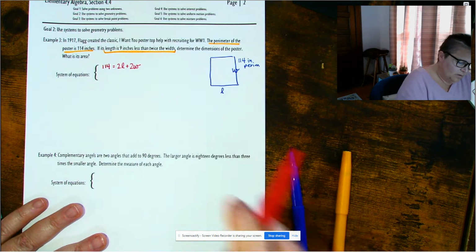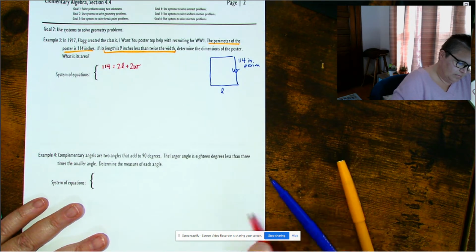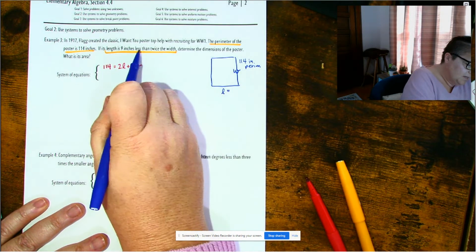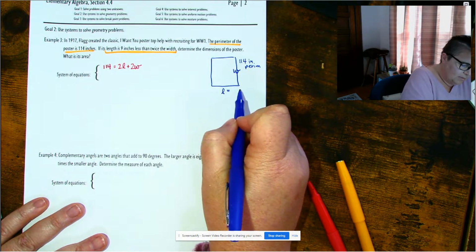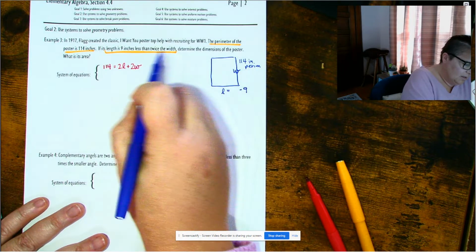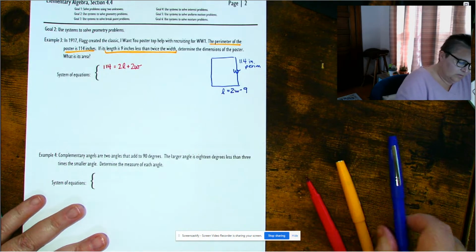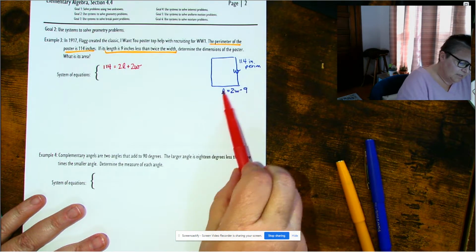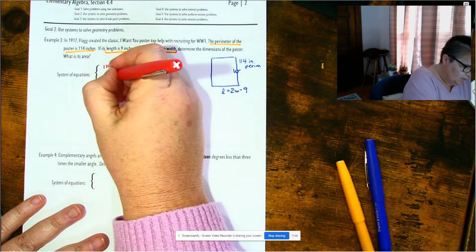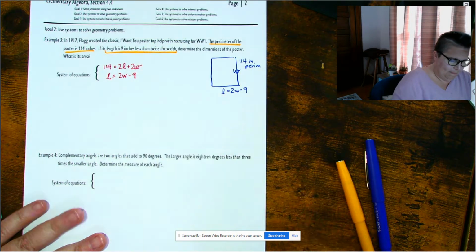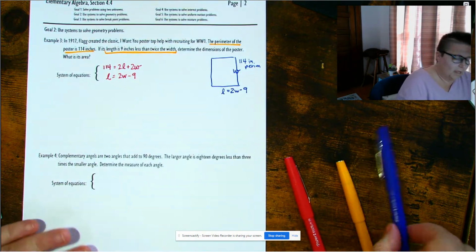So I also know that this length is the same as 9 inches less, so that's a minus 9, than twice the width, 2 W's. So this actually gives me a second equation. I know that the length is 2W minus 9.